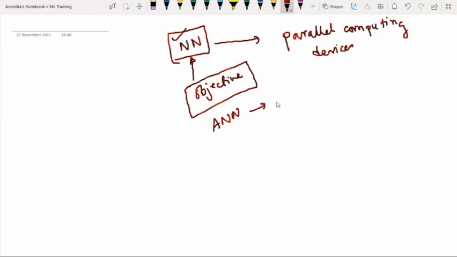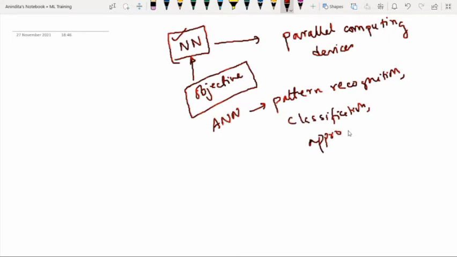You can ask me what kind of tasks we are going to perform. So the main tasks that ANN can perform are pattern recognition, classification, approximation, optimization, and data clustering.